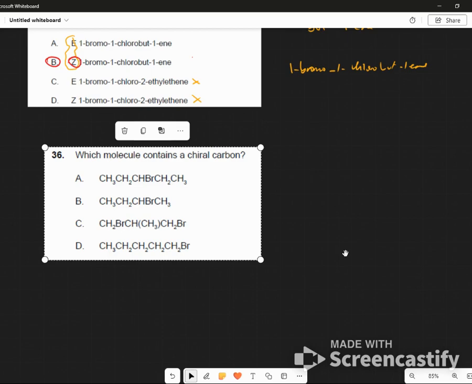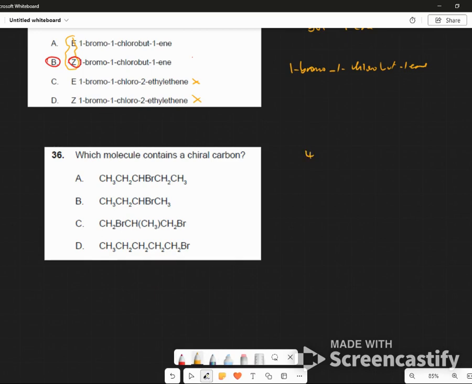Okay, now we could do it a few ways. We're looking for 4 different groups around the carbon, and that's going to make it chiral. Now, the answer is A, by the way. It looks like it to me anyway. Why is it A?